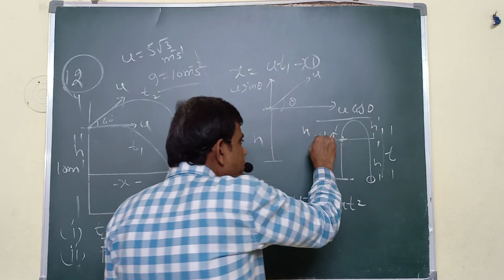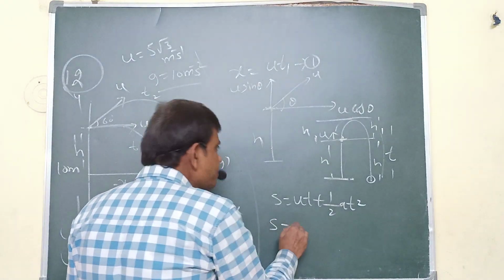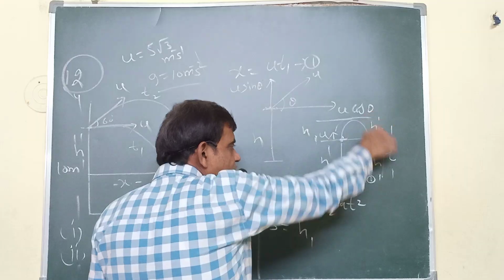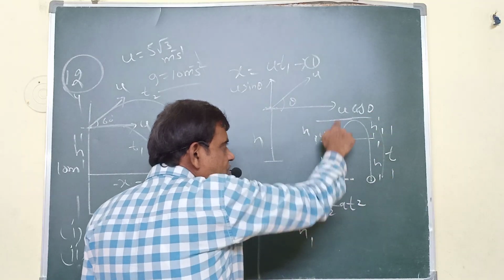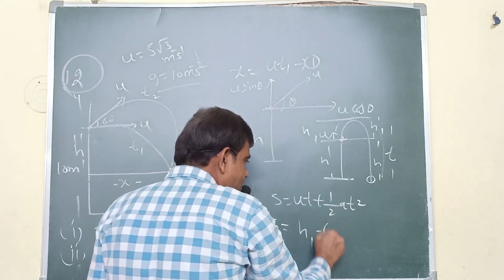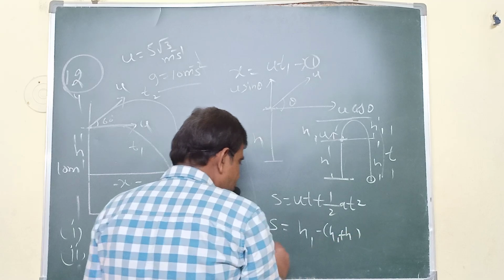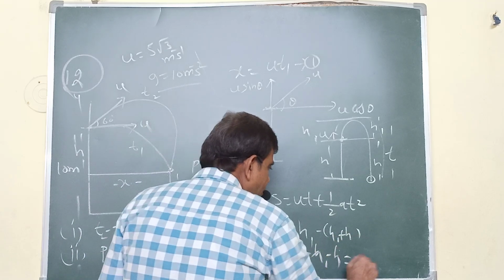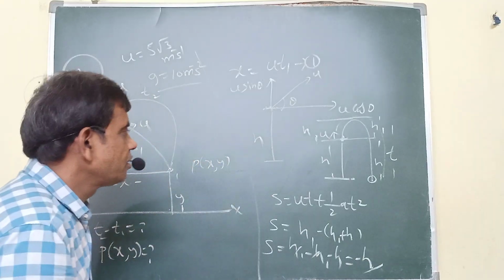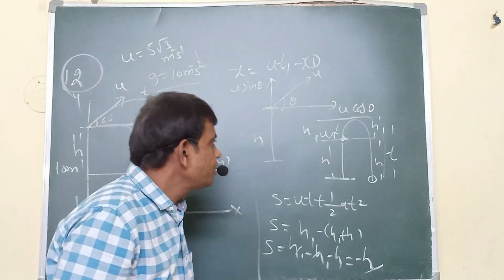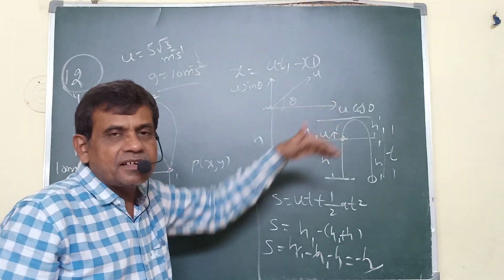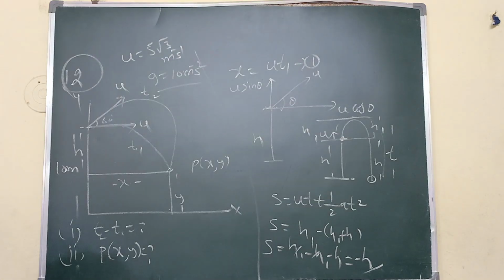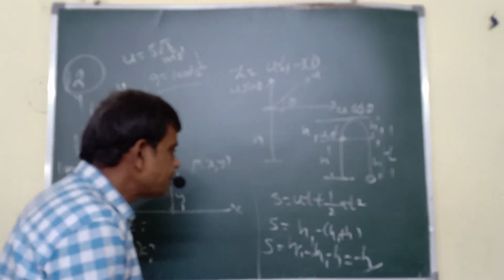Moving upward I take positive, downward negative. So the resultant displacement is h1 minus h1 minus h, so s equals minus h. The body moving upward has retardation, so I take a equals minus g.